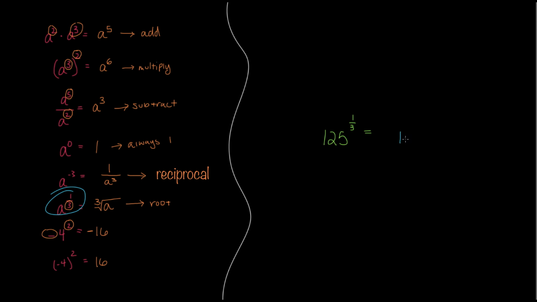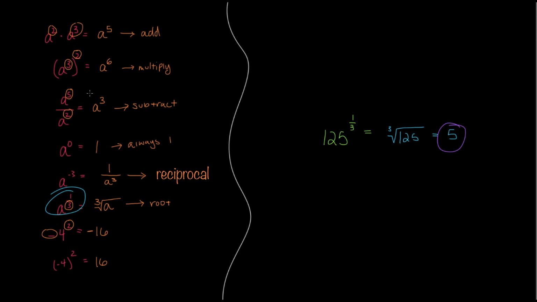So our base is 125. And then we take the root of whatever number is in the denominator. So since there's a 3 in the denominator, this is going to be a cube root. So the cube root of 125 is 5. So 5 is going to be our answer.